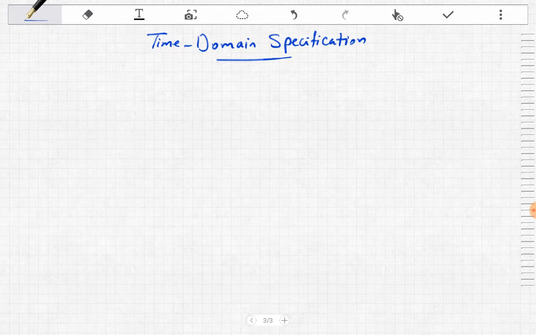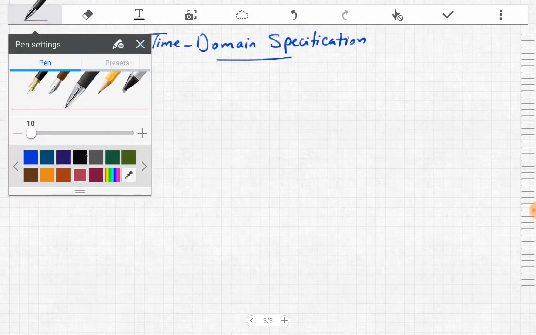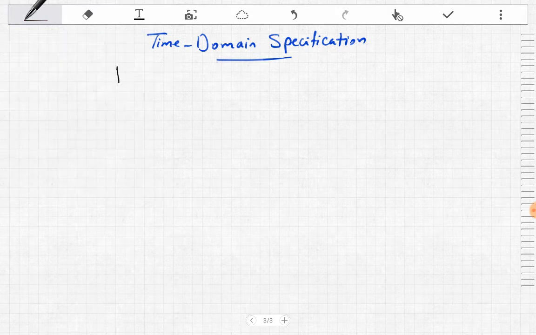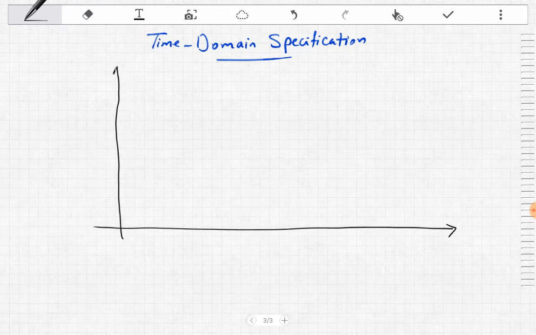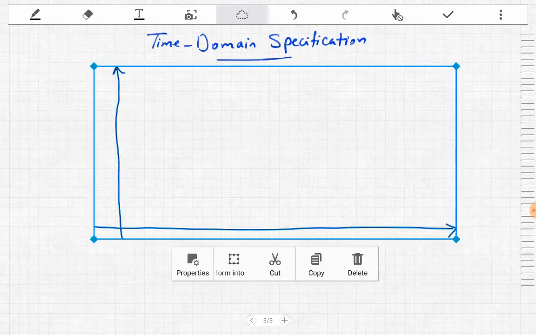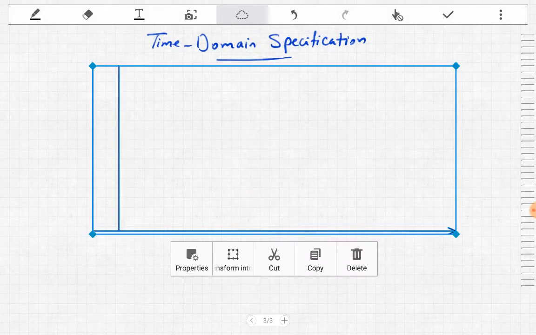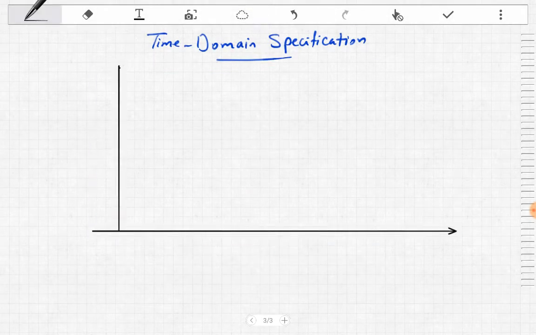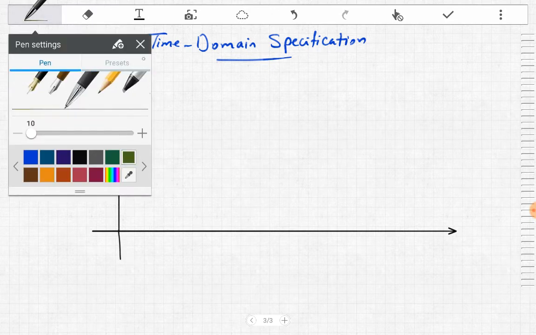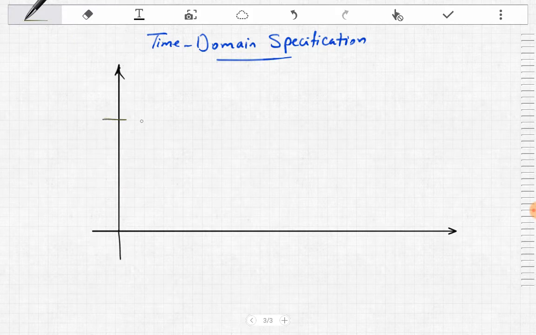For step input, what are we going to get? We have here the y-axis, x-axis, and let's say that the state will reach here.